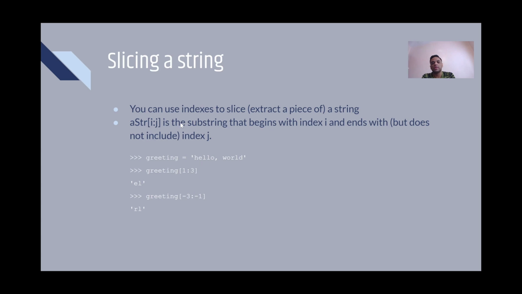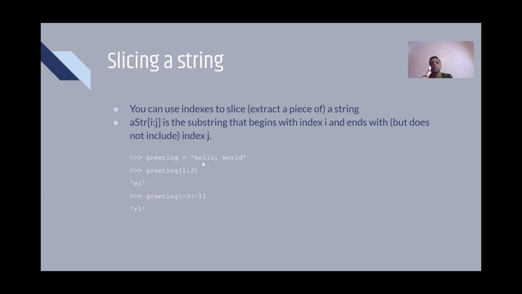Remember, because we said it right here by this definition: a string of I colon J is the substring that begins with index I, and ends with index J but does not include index J. So if I put a 2 there, then it's just going to grab the E. It's not going to grab the second index because we're not including it.